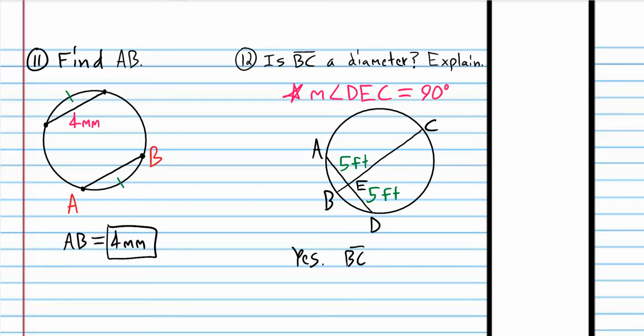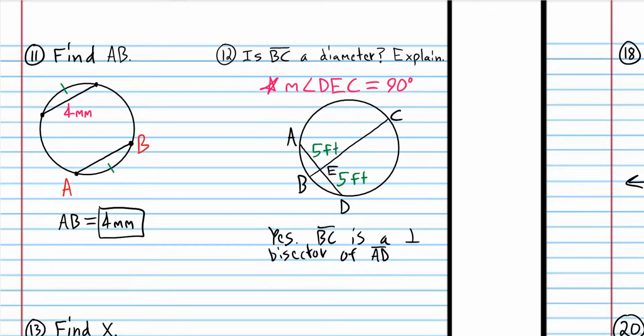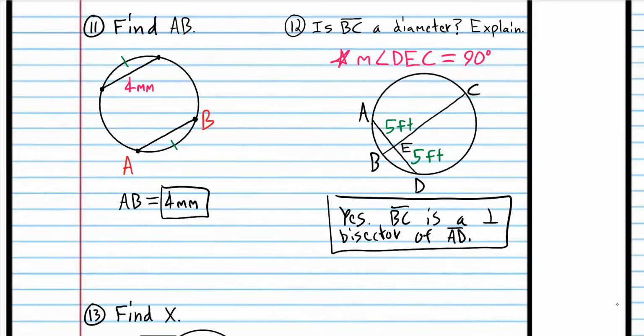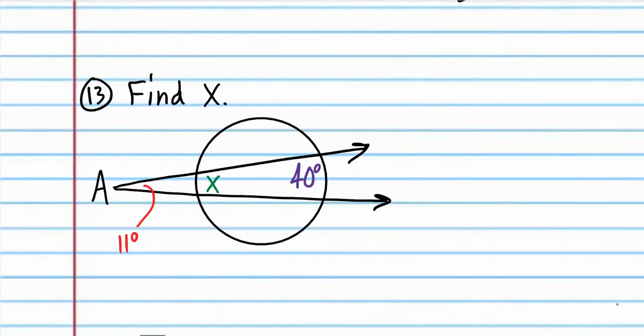And for the explanation, we can just say BC is a perpendicular bisector of the segment AD. So that's all you really need to write for that one. So if you got that answer, good job. All right, try number 13, and when you come back, we'll do it together.